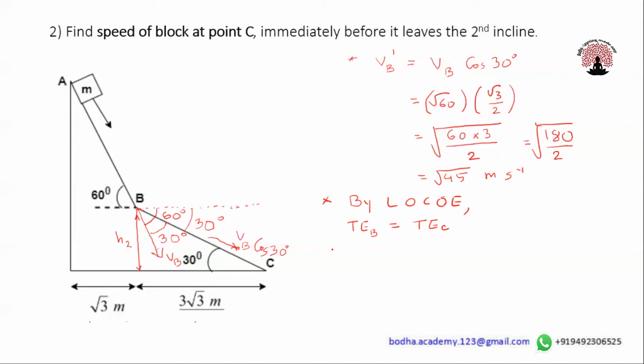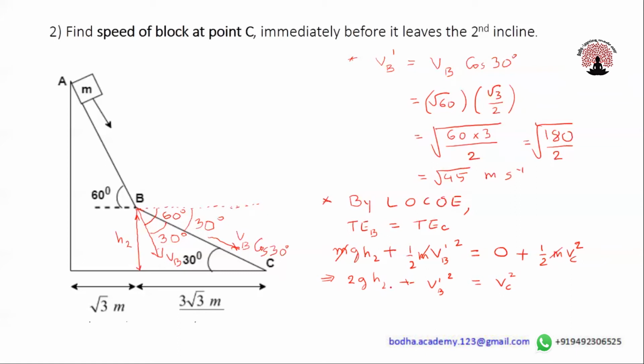So mgh2 plus half m VB dash square is equal to, at C on the ground, potential energy 0 plus half m Vc square, where Vc is the velocity at C. Cancel m throughout and multiply by 2 throughout, so we get 2gh2 plus VB dash square is equal to Vc square.